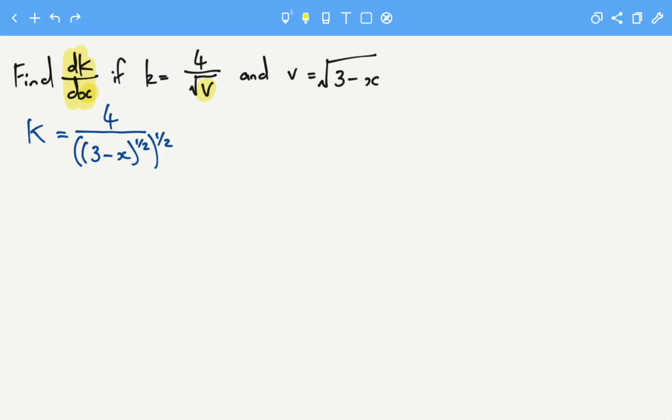Now, if you don't know what that is, simply 4 over 3 minus x to the power of 1 over 4, if we look back at our basic exponents knowledge. So now we've got k equals something x, which is what our original question asked for. So we can now turn to the chain rule.